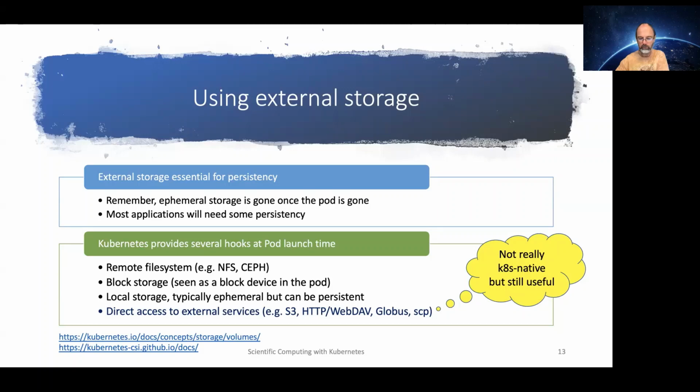So really for advanced users. And if none of that is good enough, you always have the option of direct access to external services, which is not managed by Kubernetes, but you can always do it. So you can use the S3 protocol, HTTP protocol, Globus, SCP, whatever you like, and move data in and out of the pod.